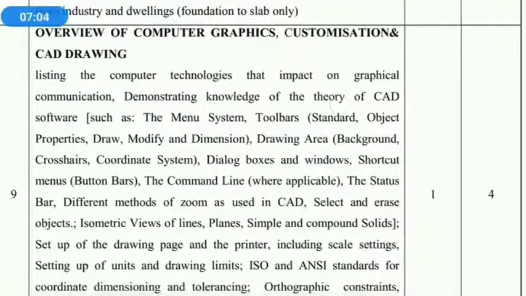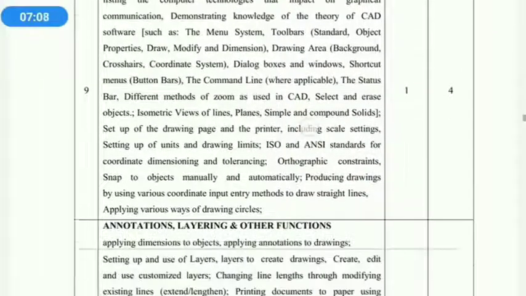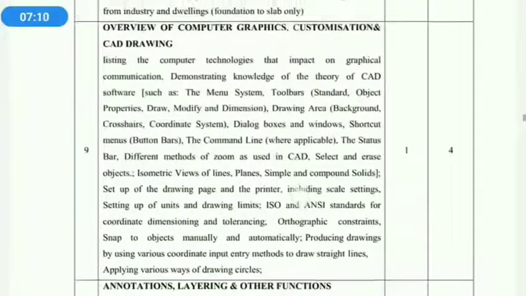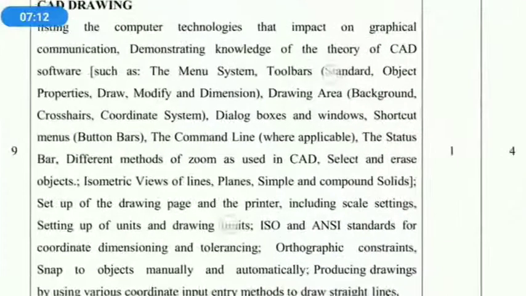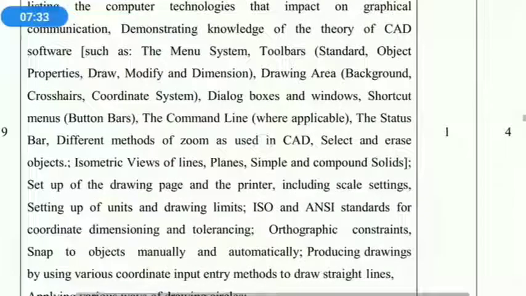Next, coming to the 9th module, it is the overview of computer graphics, customization and CAD drawing, where we have to learn listing the computer technologies that impact graphical communication, demonstrating knowledge of the theory of CAD software, such as the menu system, toolbars, standard object properties, draw, modify and dimension.